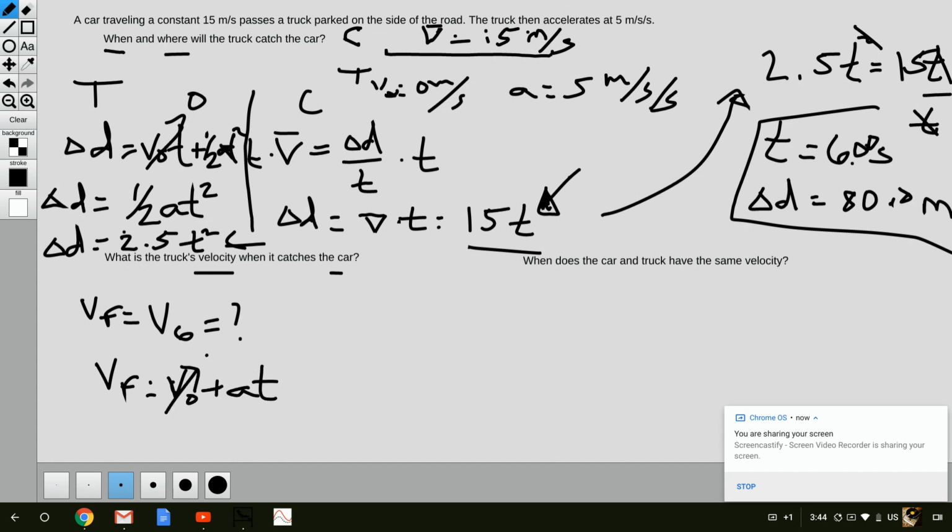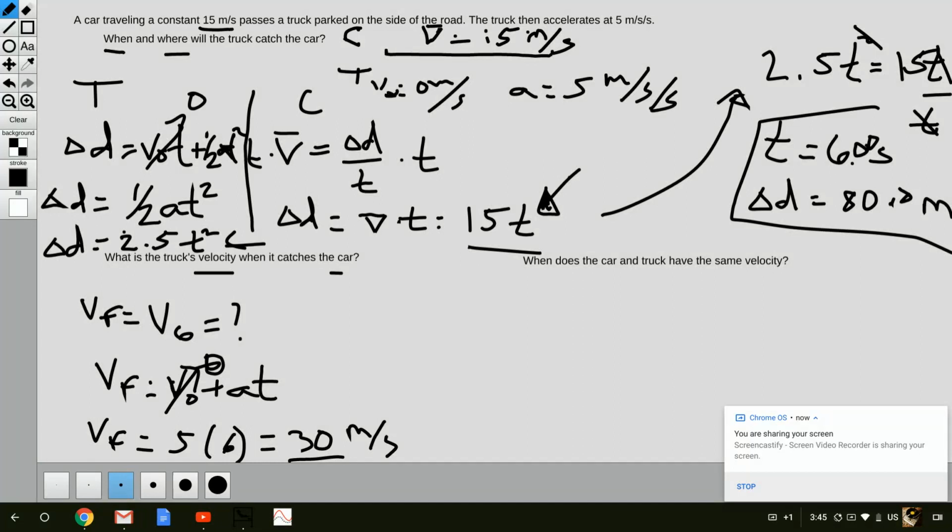V naught goes away, that's 0. And so then Vf is equal to 5 times 6, and we end up with 30 meters per second. Now, as I said in class, the fact that this is 30 and the car's velocity is 15 is not a coincidence.